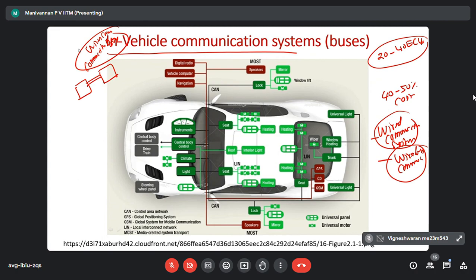There are many things we are going to see in wired communication in autonomous vehicles, but the most important is the CAN bus. The other one is called LIN bus. The other one is called FlexRay.